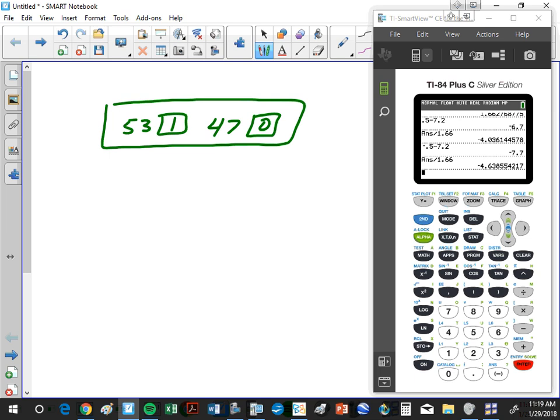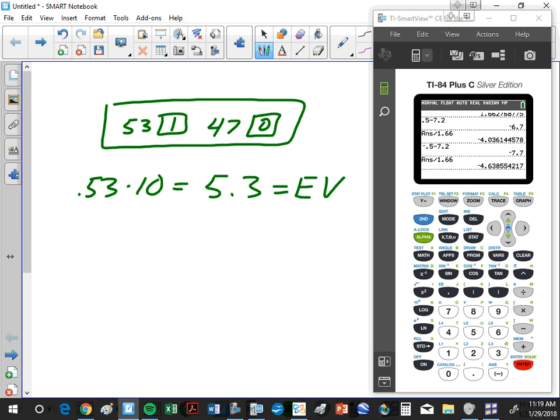In 10 tries, what is the chance that he makes none of the shots? So we have a lot of work to do to answer this one. We're on B. So we need to do 0.53 times 10, which is 5.3. That's the EV. If he shoots 10 times, he would expect to make 5.3 shots.